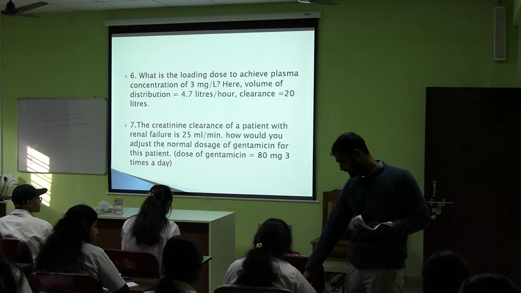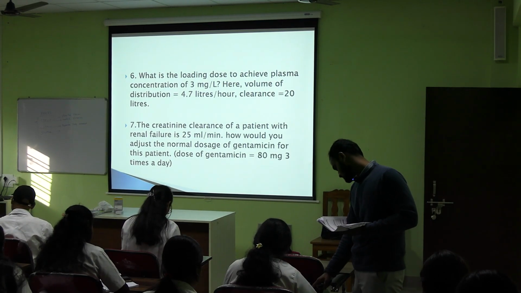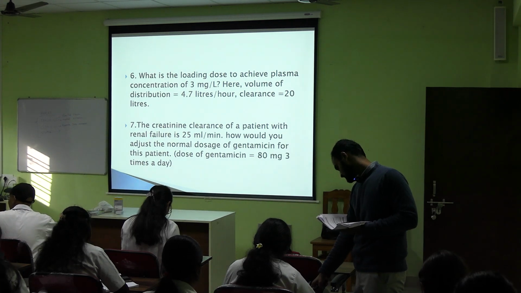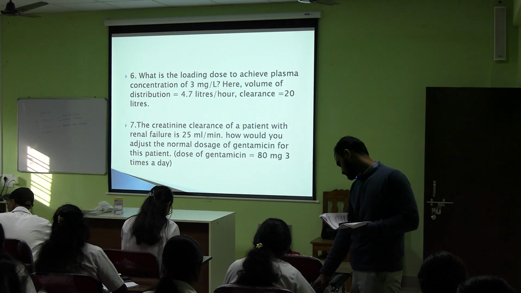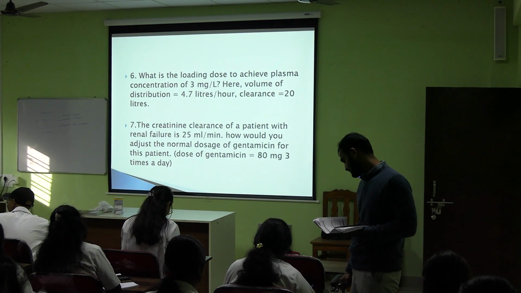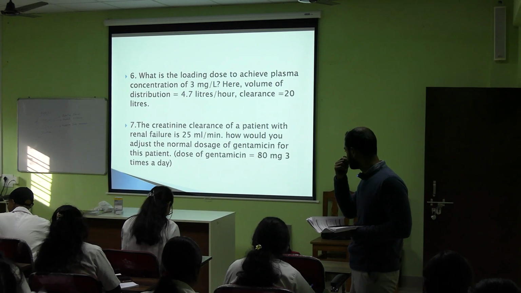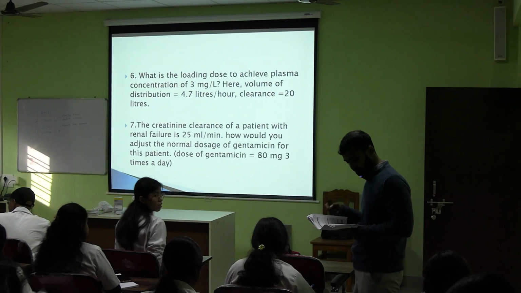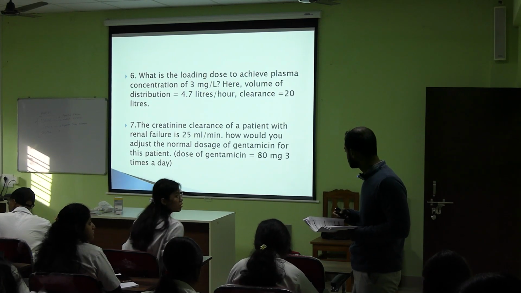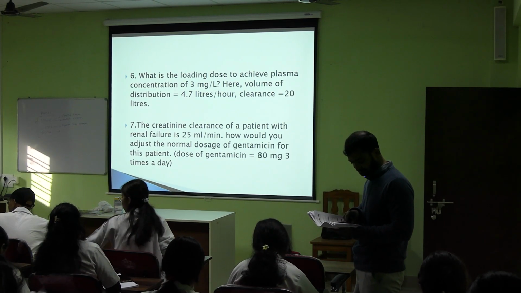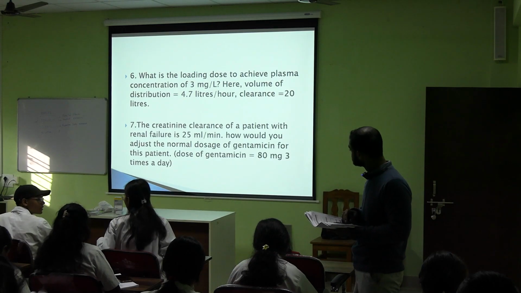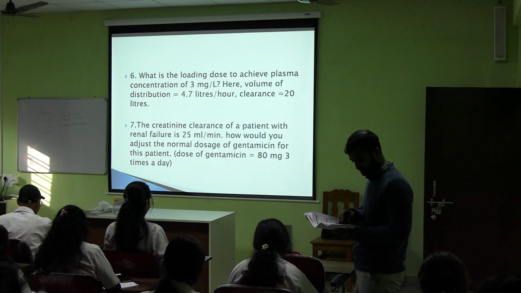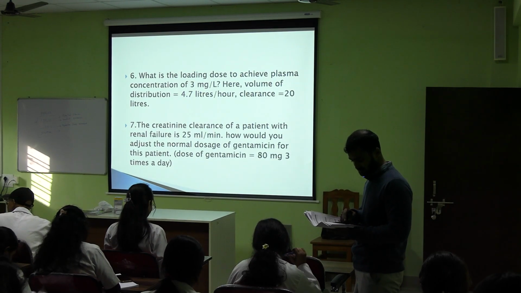You have not written the formula, why not? So here the adult dose is how much? Here they are saying it is 80, isn't it? So for 80 you have to multiply it by 25 divided by 100.